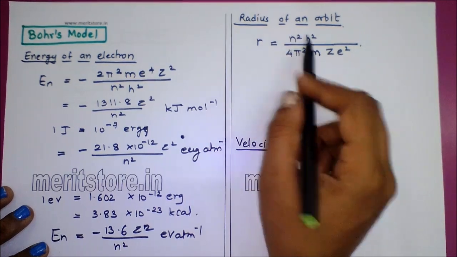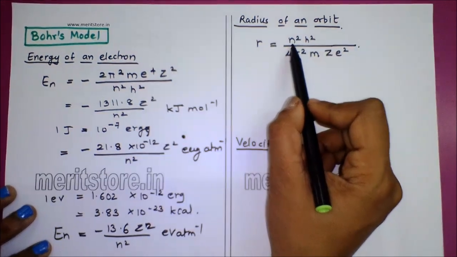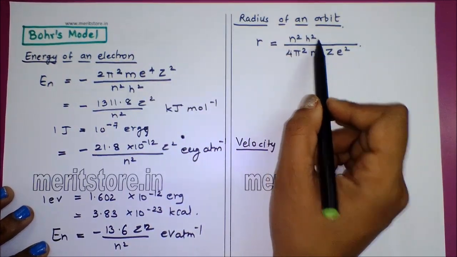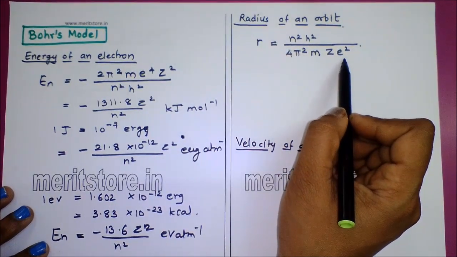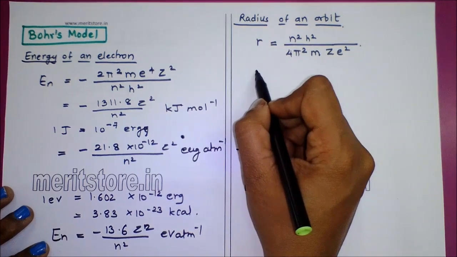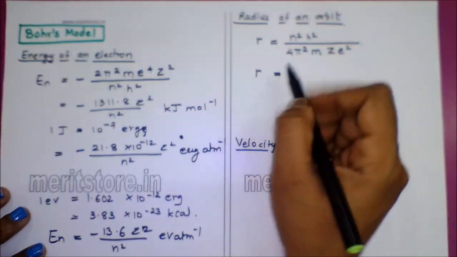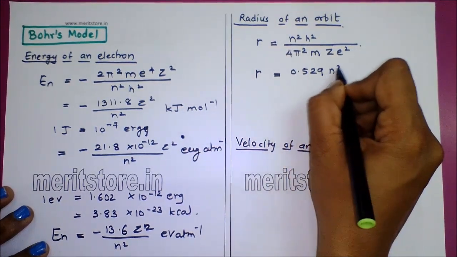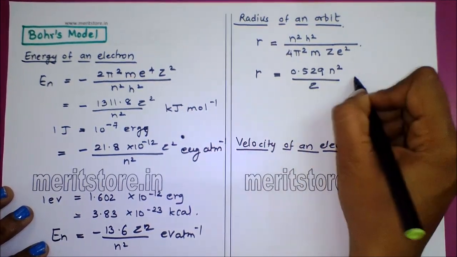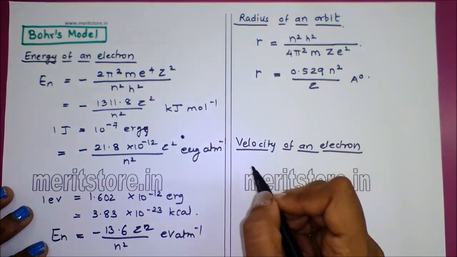If we substitute all these values, that is n is the number of shell, h is Planck constant, m is mass of electron, Z is atomic number, and e is the charge on the electron, we can get a simple formula of r is equal to 0.529 n square upon Z, and we can express this in angstrom.